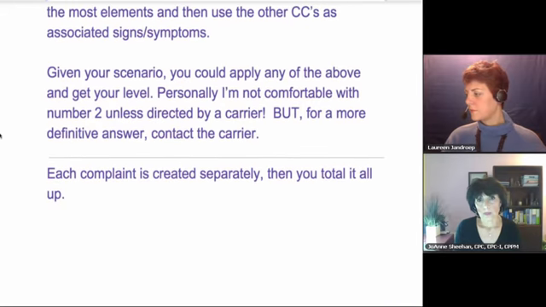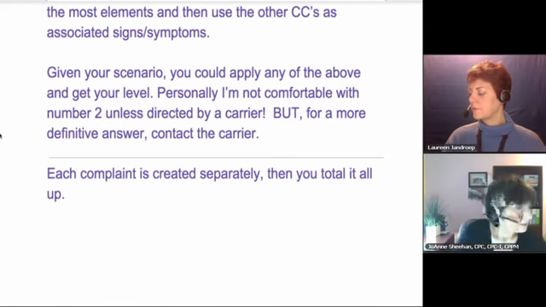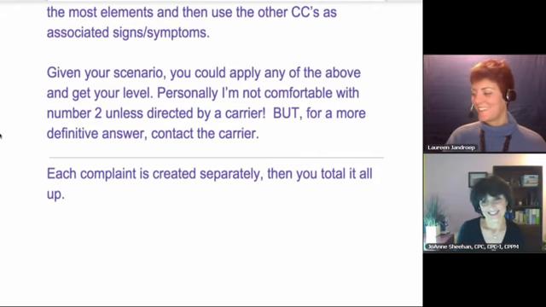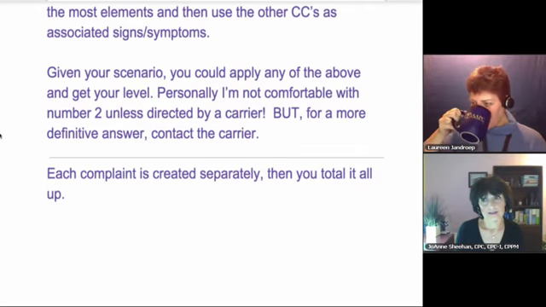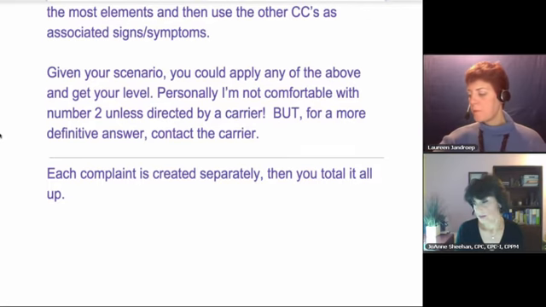Now, I would be leery of using that unless I got it directly from a carrier. If that did happen, woo-hoo, we need to know that. I mean, that's like sliced bread right there. That's great news.